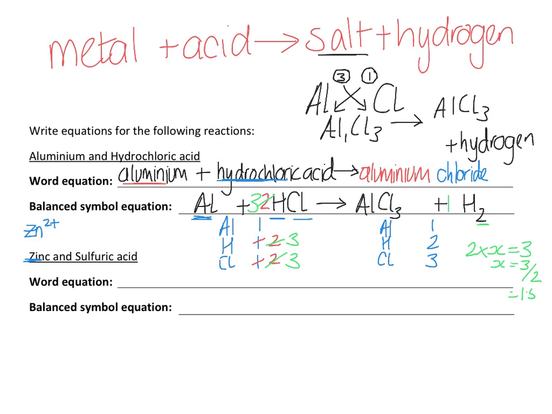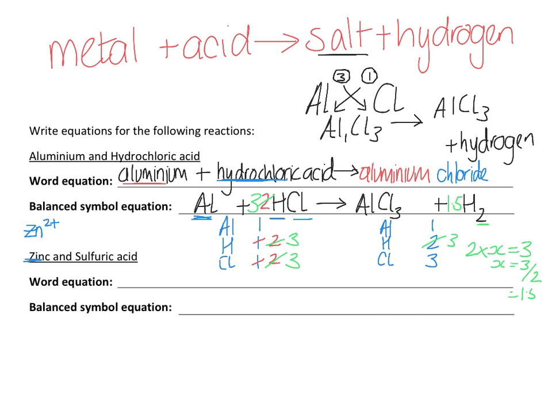So for the moment I can put 1.5 in front of my hydrogen, but I don't like having decimals, but that does fix my problem of my hydrogens. I now have 3 hydrogens on the right hand side. So my equation is balanced, but I don't like decimals.